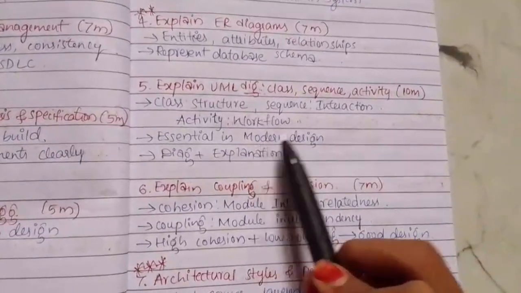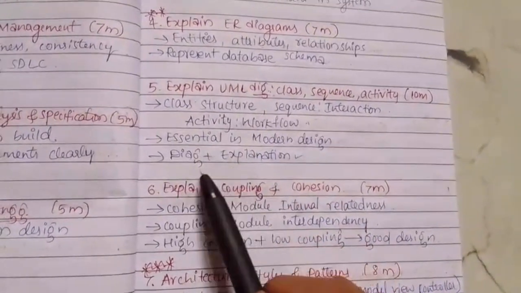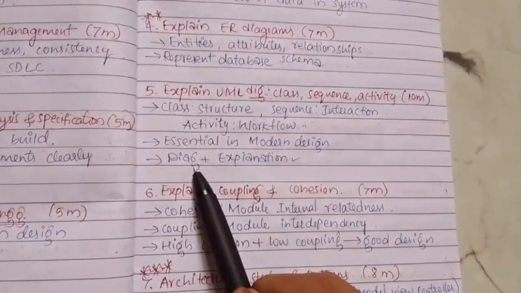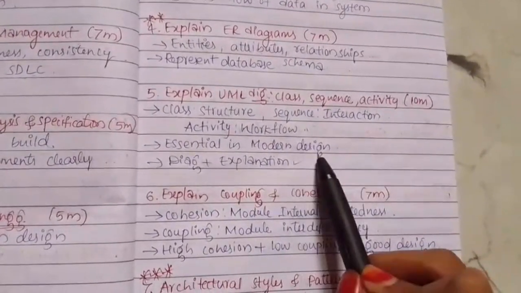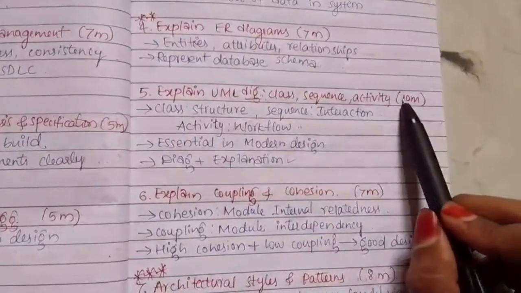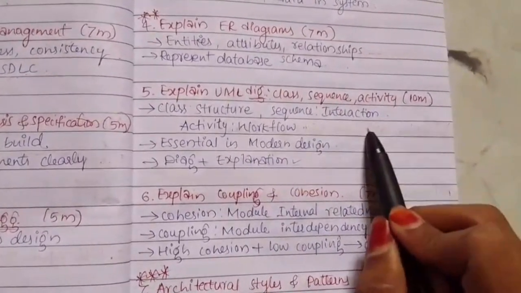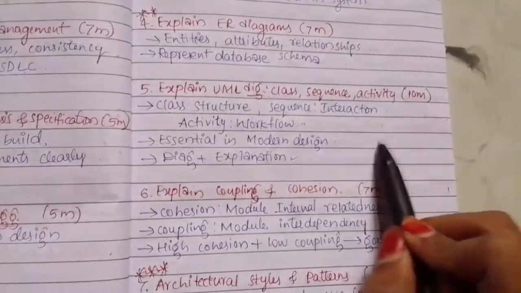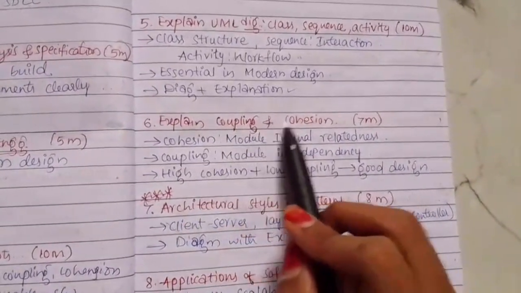If the project has a modern design, then it is essential, and you have to explain the diagram. Along with that, a detailed explanation is required because this is asked for 10 marks. Based on the marks only you have to explain. Remember this. And the sixth question is explain coupling and cohesion.